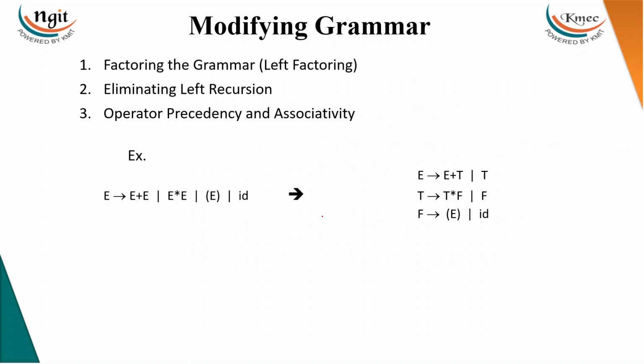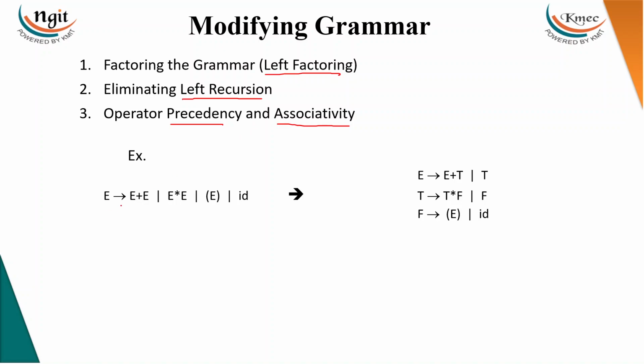So first, how to modify it? We can eliminate the ambiguity by performing left factoring of the grammar, sometimes eliminating left recursion, or using precedence and associativity of the operators. These are different concepts. Let me first explain precedence and associativity.